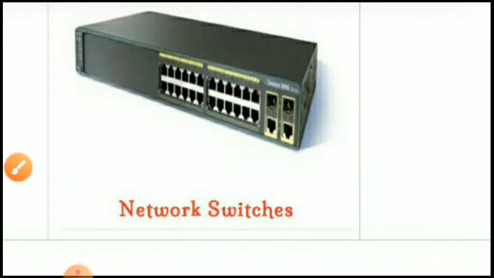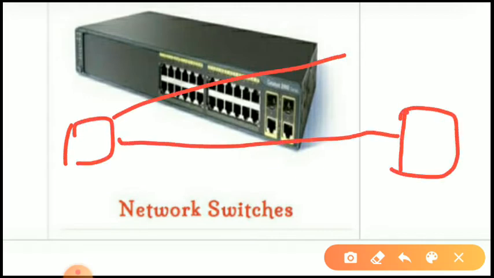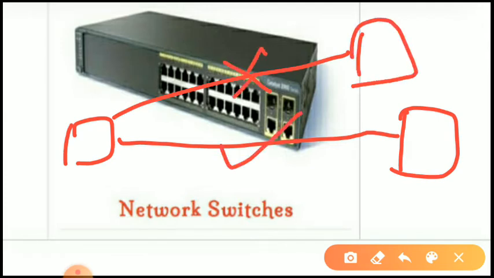But in a switch, one benefit is that it sends the message only to the destination computer, not all. If you want to broadcast a message to all computers, then a switch can also transfer the data to all the destination computers.